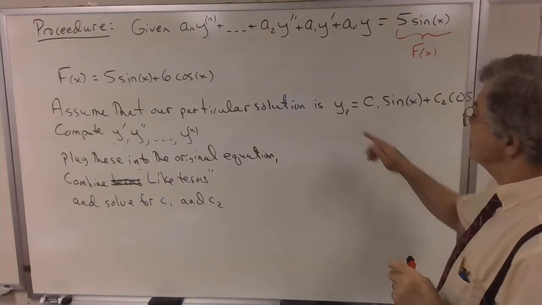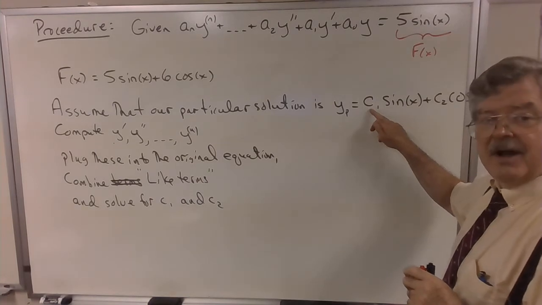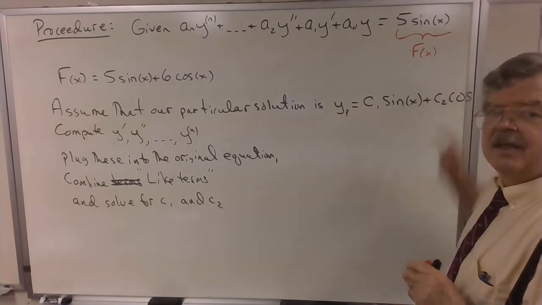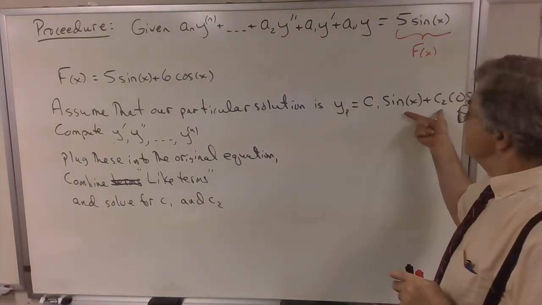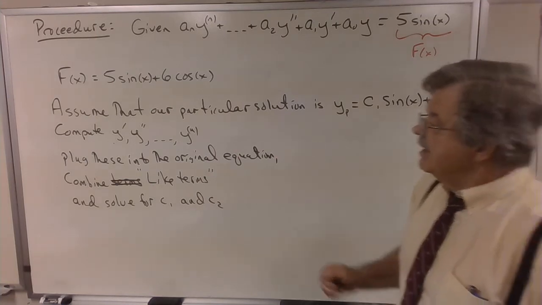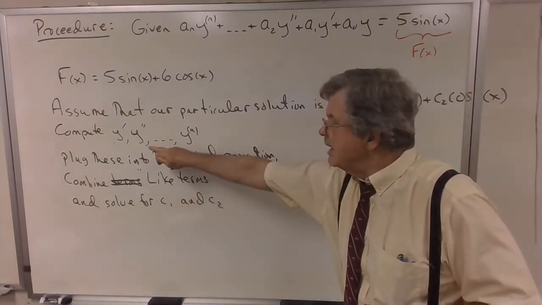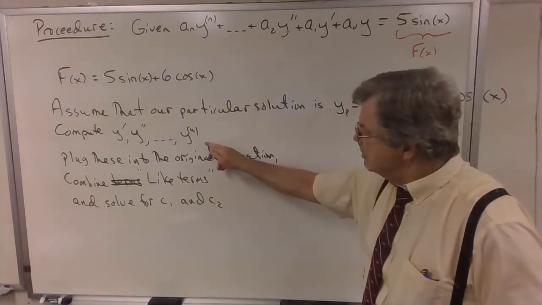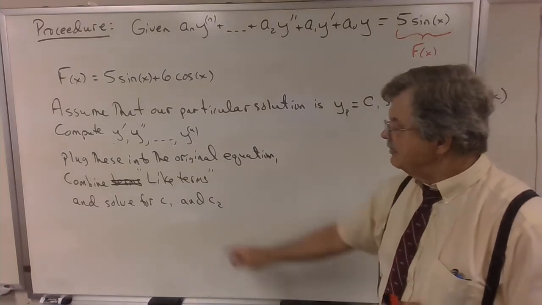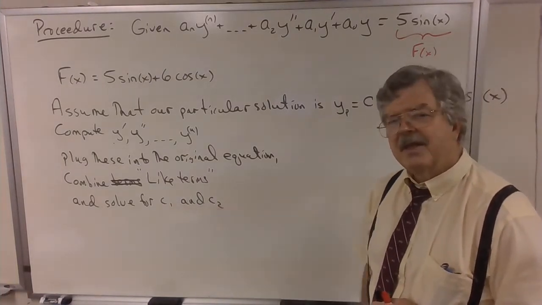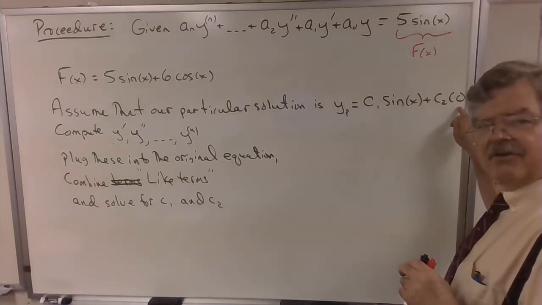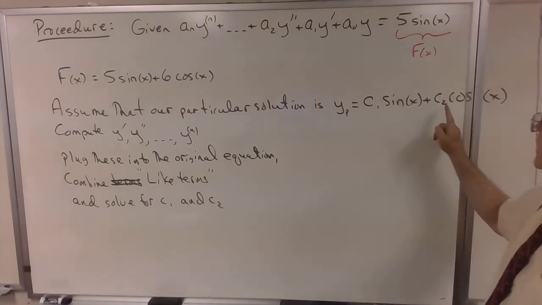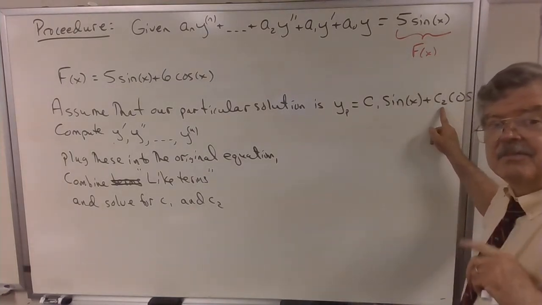If it turns out that my particular solution is just some constant times sine of x, and there's no cosine term here, then when I compute all of these derivatives and plug them into the original equation, and I solve for C1 and C2, if there really is no cosine term in my particular solution, guess what? C2 is going to turn out to be 0.